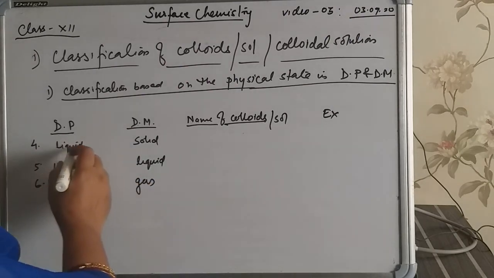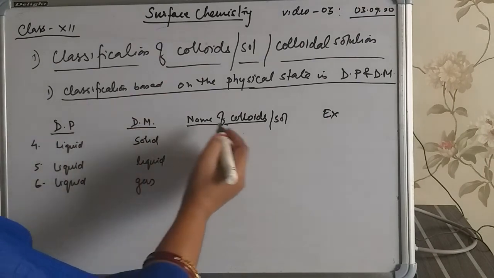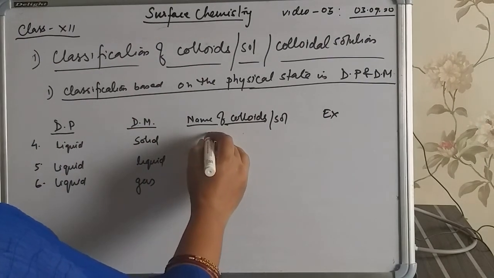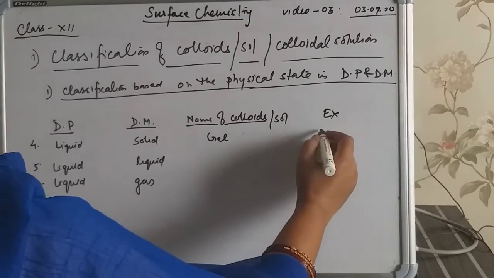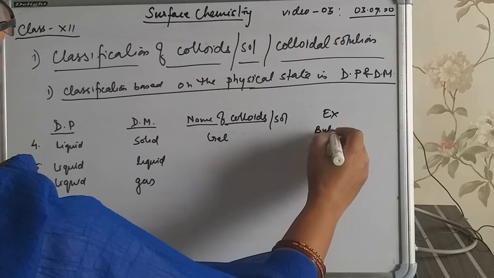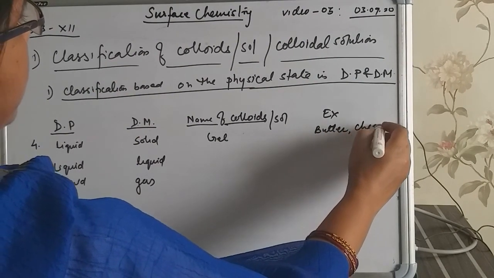So liquid and solid: dispersed phase liquid, dispersion medium solid. The name of the colloid will be gel, and examples are butter, cheese, jelly, and so on.